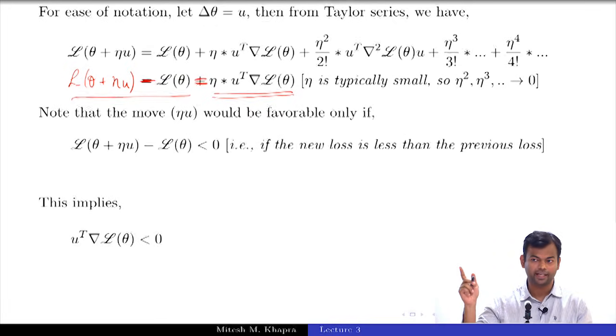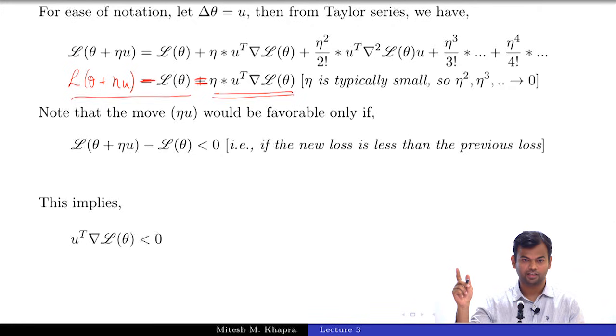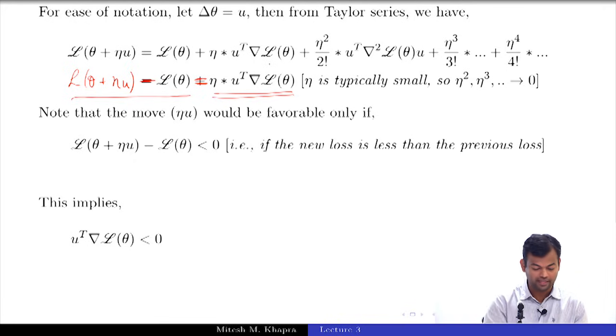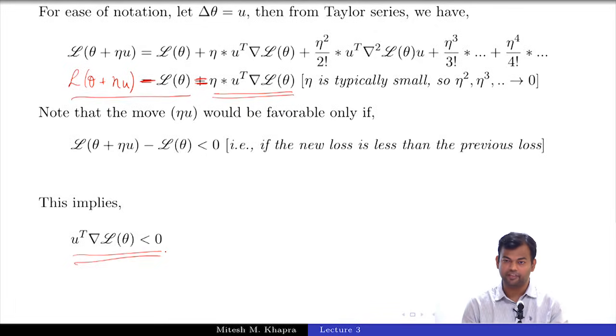Okay? Why can't it be negative? Because we wanted to take a small step in that direction. If we make it negative, we will reverse the direction. We don't want that as of now, right? So eta is a positive quantity. So that means this quantity should be less than 0. Is it fine with everyone?